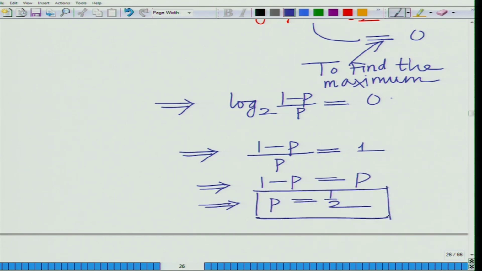So we get that the entropy is maximum for p equal to half.